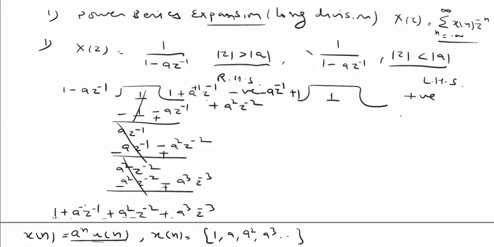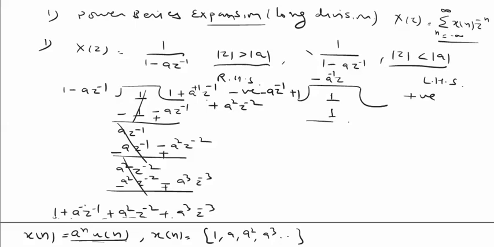For positive power of z, I divide. To make it positive, I use negative here: minus a inverse z.